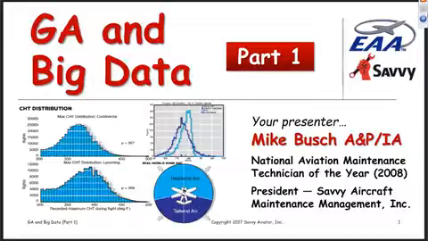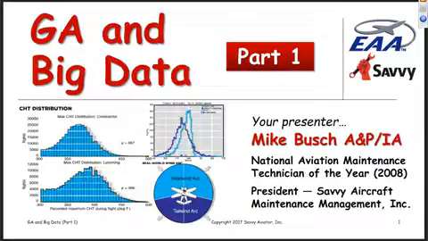And I want to talk to you about some of the things that we are learning and able to do with a large database of real-time flight data that we have been gathering over the past 4 years from general aviation airplanes.